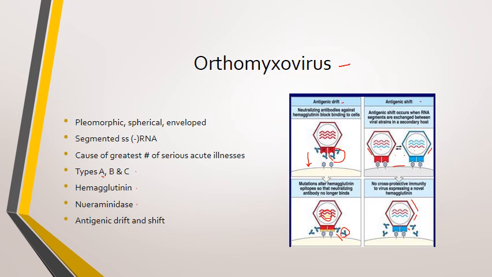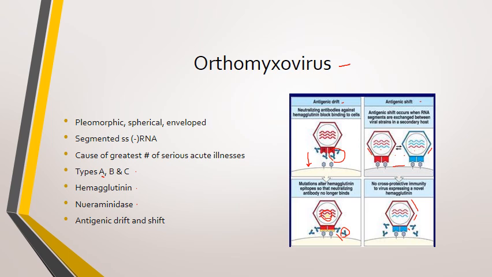These different subtypes can be differentiated by the antigenic differences on the matrix proteins as well as the nucleoproteins. Okay. Type A is where we see the most severe disease in humans.